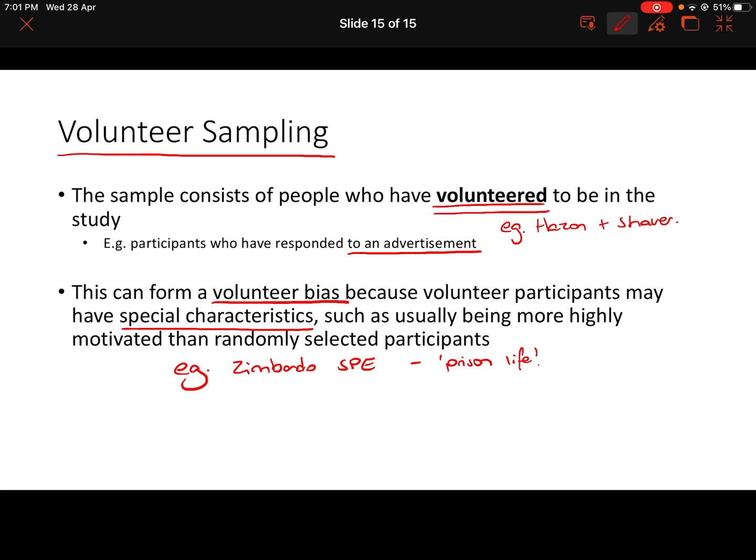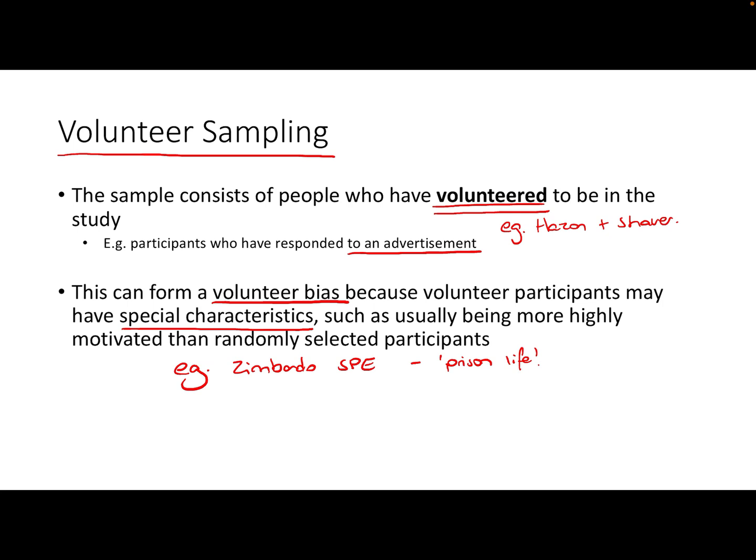So again, we're likely to end up with some sort of bias. We have to really question, why are these people taking time out to take part in this? What's their motive? What's their interest? What are the characteristics that they might have, which has drawn them to this study, which might not be shared by the population? And therefore, to what extent can we generalize from a volunteer sample to the population?